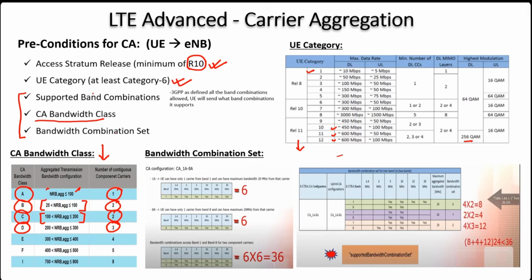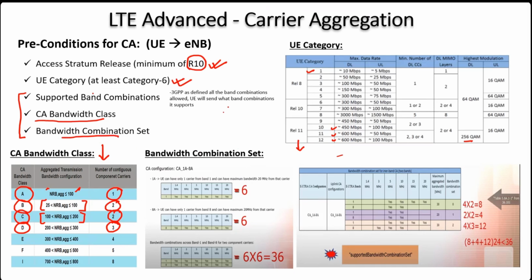Now one of the important things is the bandwidth combination set. What exactly does bandwidth combination set mean? Here it has taken an example, so the set has already been defined by 3GPP. I will show you in the 3GPP document.